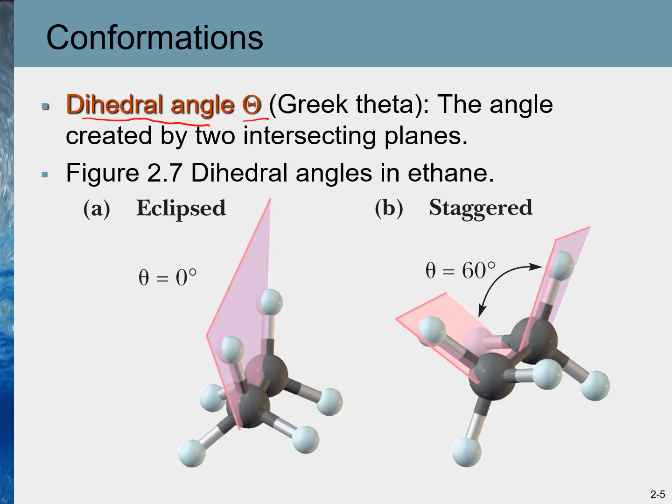For example, if we consider an ethane molecule, as shown here, and it's in the staggered conformation, then the dihedral angle of this molecule will be the angle of the plane passing through this hydrogen, this one carbon, and the other carbon, which is this one.